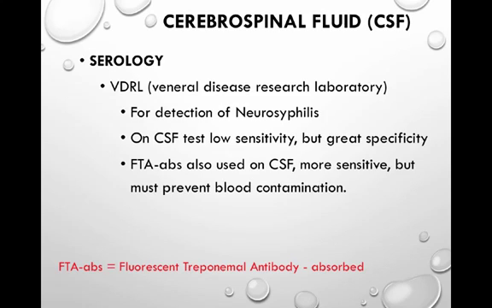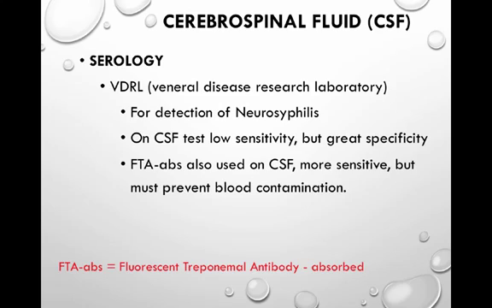Serologies. VDRL test is used for the preliminary detection of neurosyphilis. This test has low sensitivity but high specificity. And that means that it may not detect all cases, but a positive result is a true positive result.